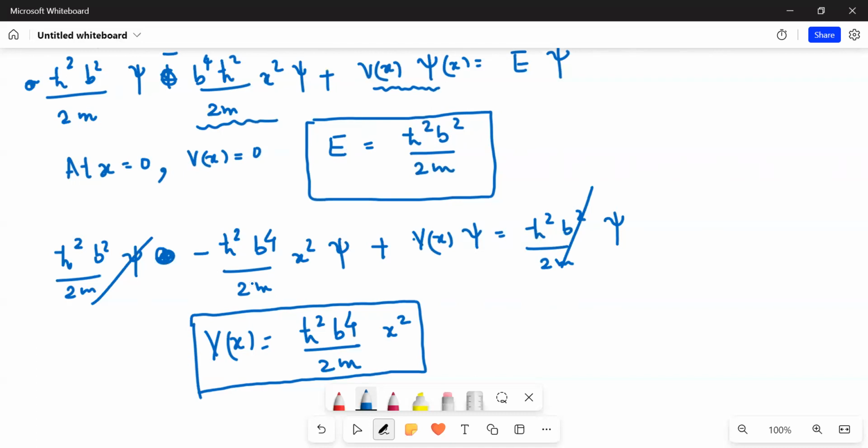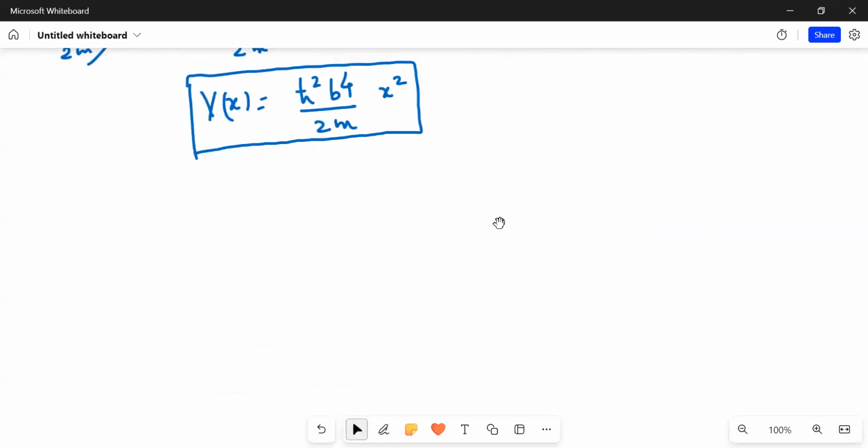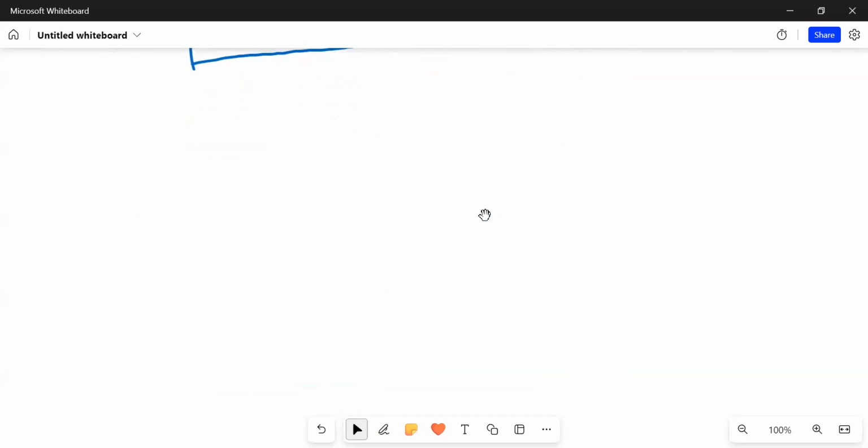If the wave function depends on x as well as on t, then we'll simply use our Schrodinger equation, iħ ∂ψ/∂t equals Hψ. Let us try a few more examples, and then we'll move forward.